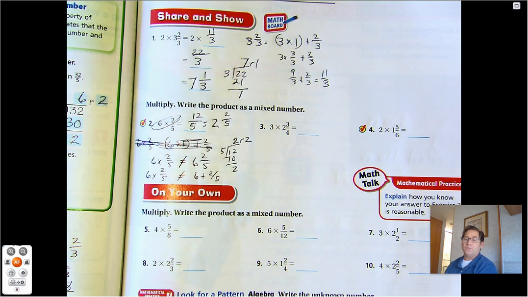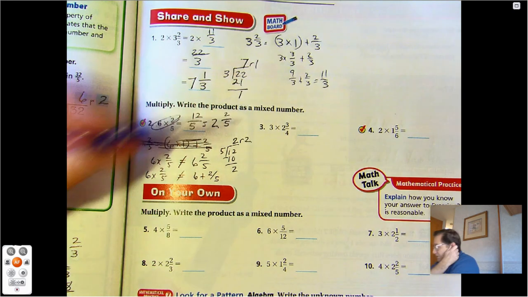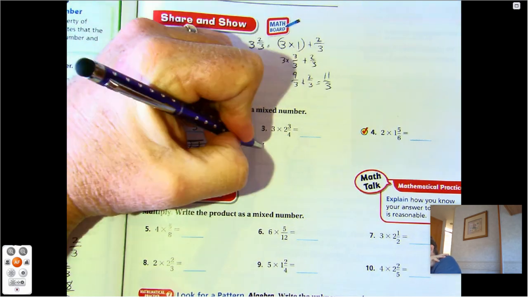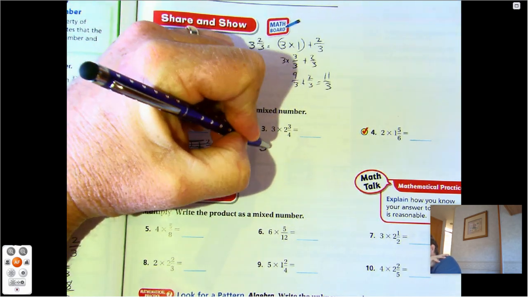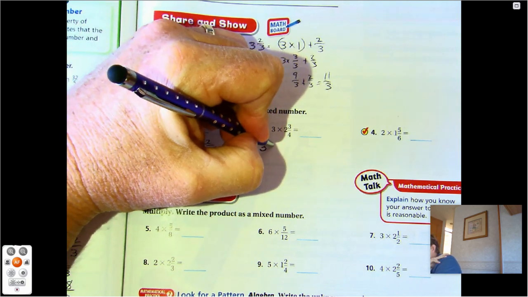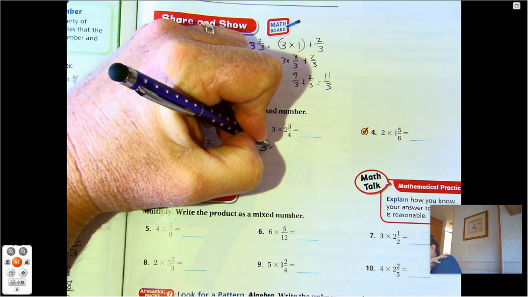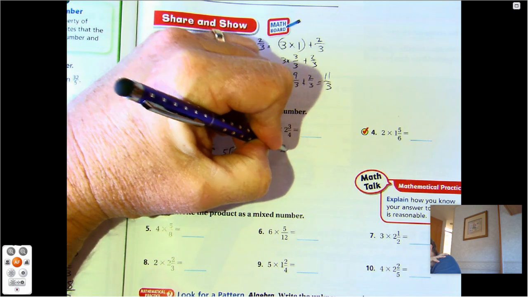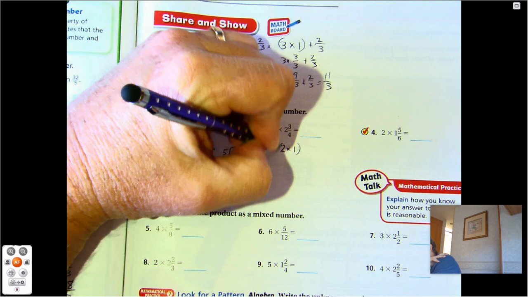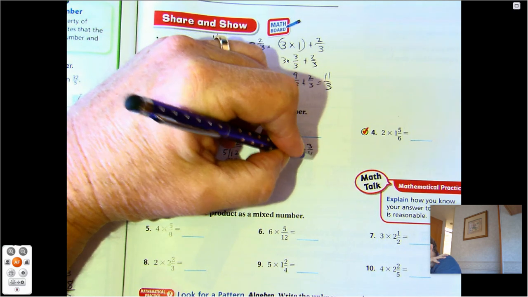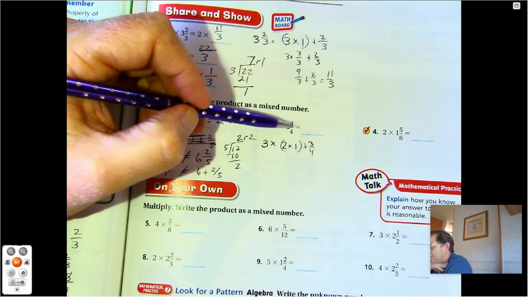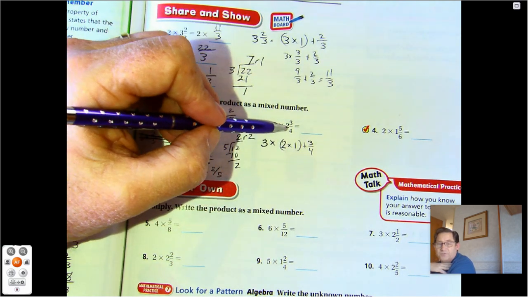3 times 2 3/4. So let's change the 2 3/4 into an improper fraction first. To change 2 3/4, we're going to be multiplying using the identity property.